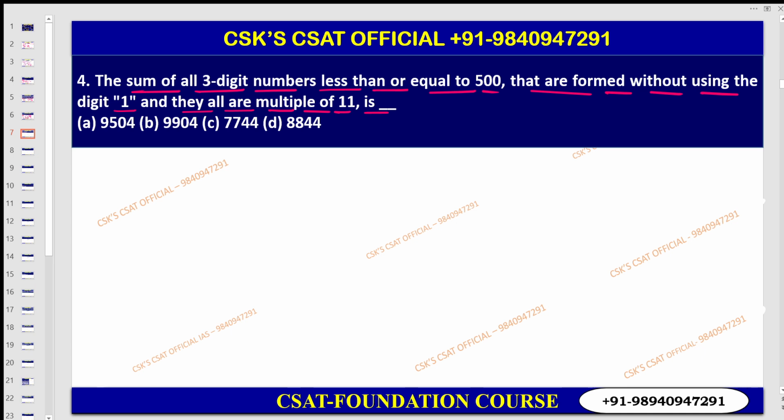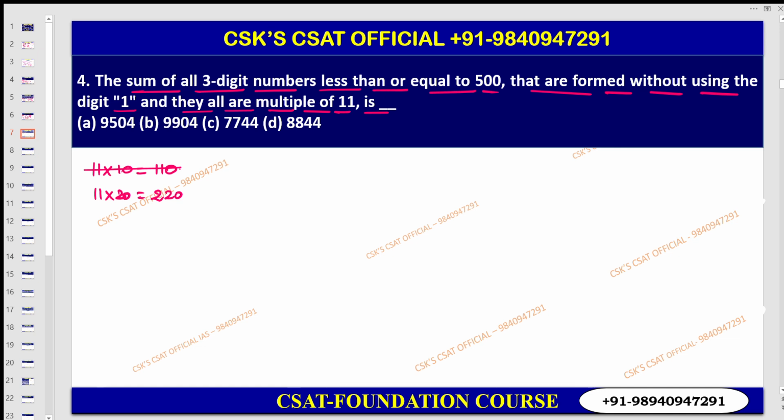You know 11 into 10 is 110, which means 11 into 20 is 220, right? This is not required because it is formed without the digit 1.